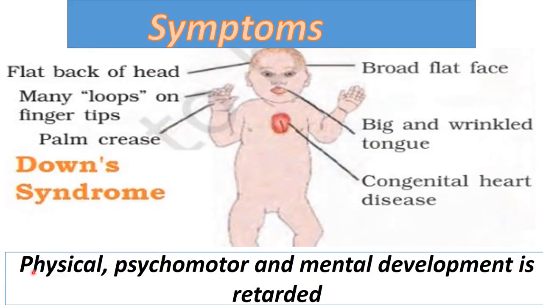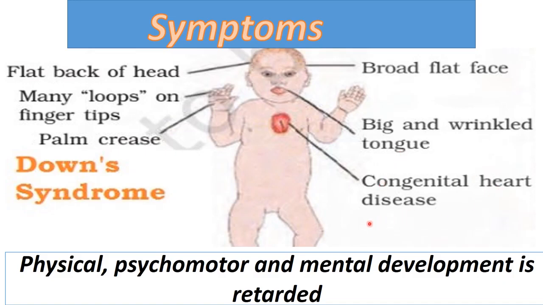So the changes that occur due to that trisomy condition are a flat back of head, many loops on the fingertips, and palm crease. Usually a single palm crease is found in children having Down syndrome, and this broad flat face you can see, big and wrinkled tongue, and congenital heart disease also.